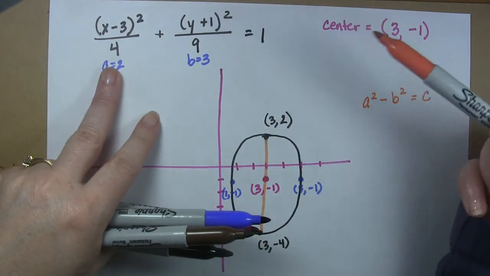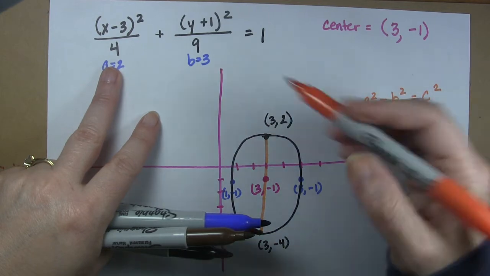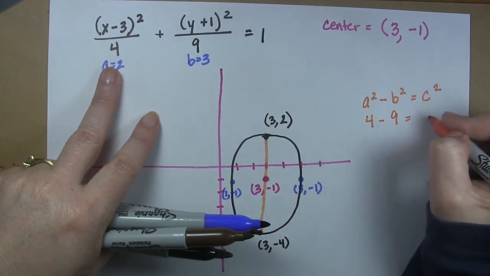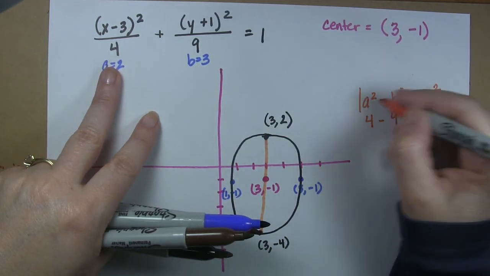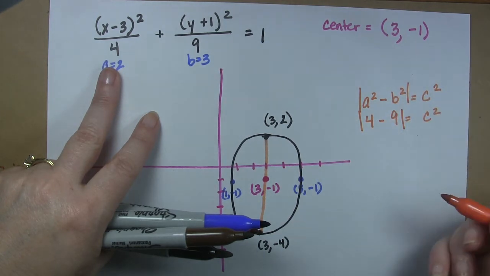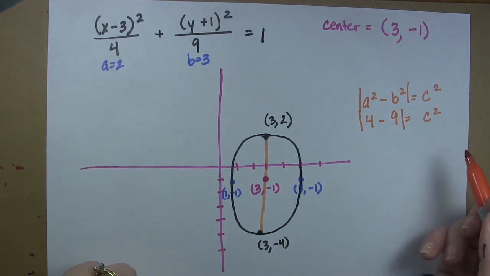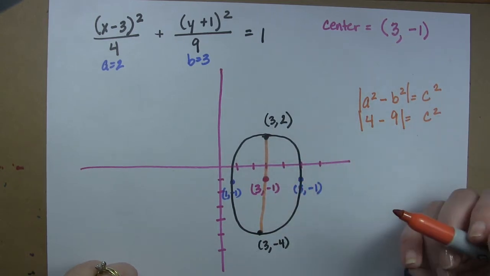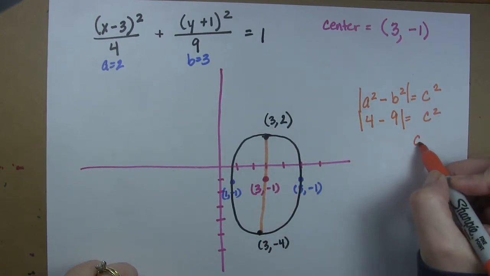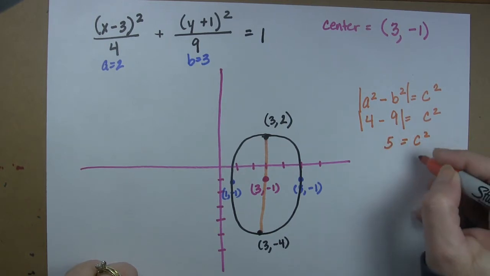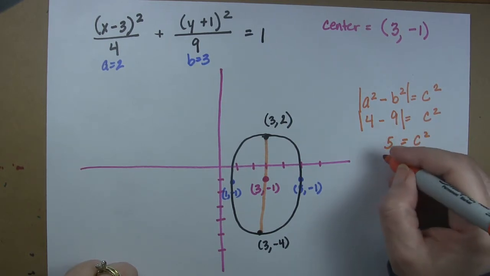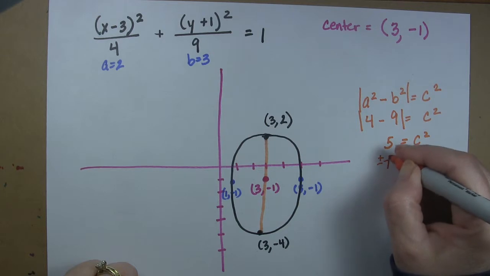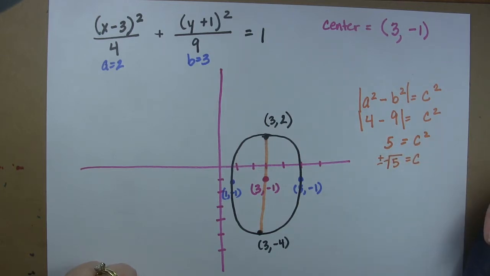A squared is 4, B squared is 9, equals c squared. And I can see that I'm going to have to take the absolute value, right? Because I don't want c to equal a negative number. That doesn't make any sense. I can't have a negative distance for my focus. So c squared is going to equal 5. So c equals plus or minus the square root of 5.